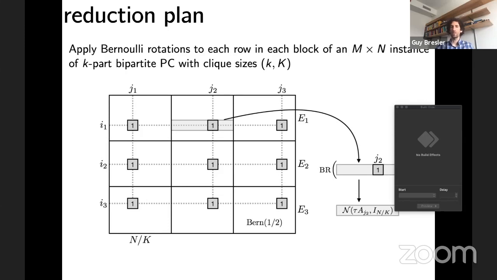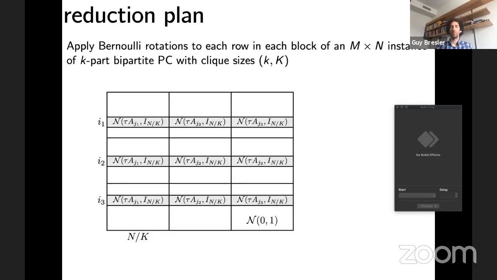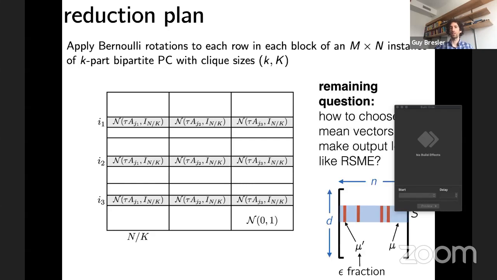That mean corresponds to where exactly the one that's planted is located. And so now we've replaced each of these planted vectors in these blocks by the corresponding Gaussian with the correct mean. So one now has this Gaussian matrix, and the question is, how do we choose these vectors for the means, the A's? In other words, how do we choose this A matrix?